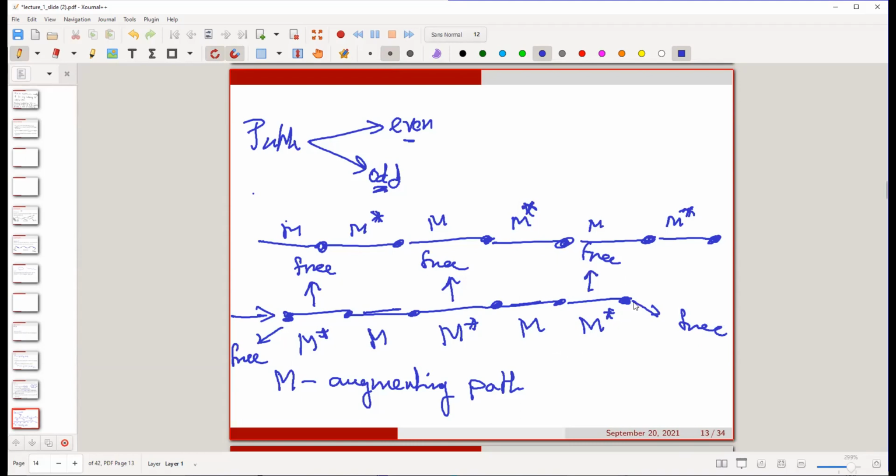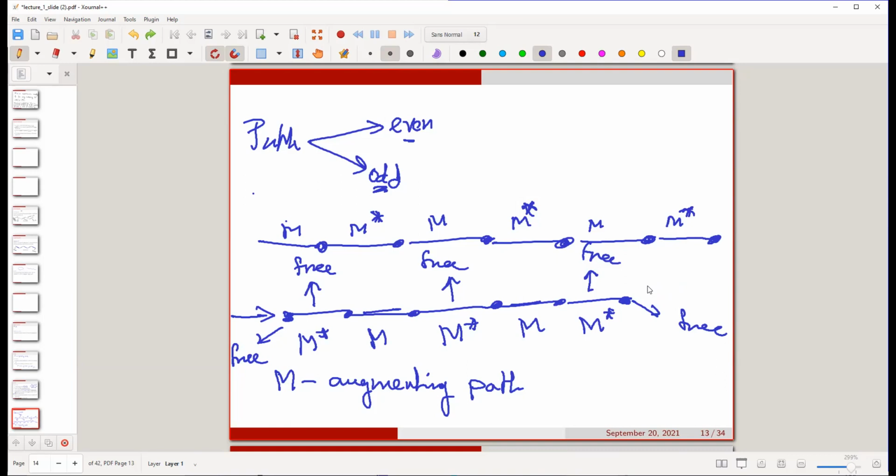That means if there was an edge incident to it that belongs to M, then this would not be a component, since we could have extended it and gotten a bigger component. That means these two endpoints will be free, and that means this is an M augmenting path. If you forget about the M prime edges and just think about M here, this basically makes an M augmenting path.